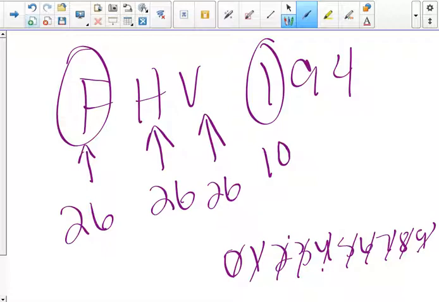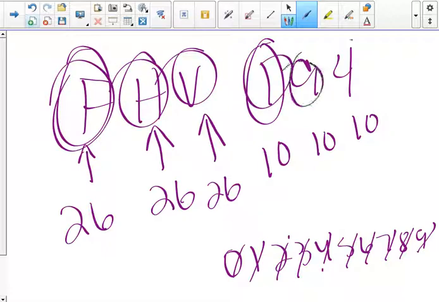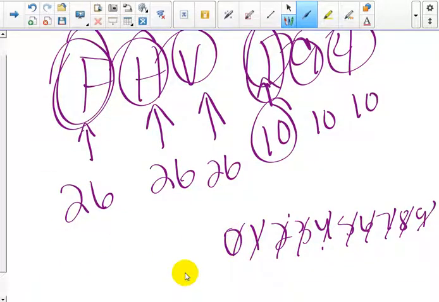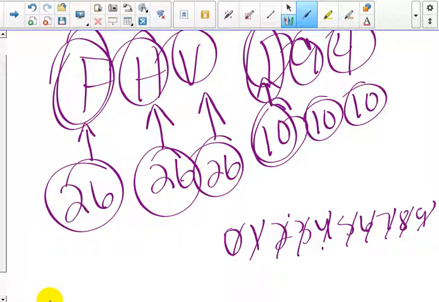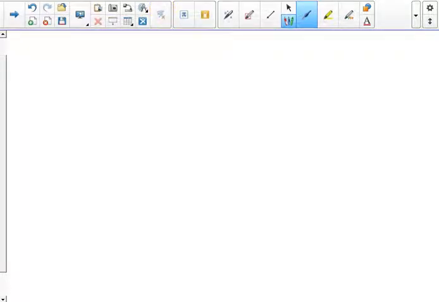See that? And then 10 characters there and 10 characters there. Because on your license plate, you can have any alphabetic, alphabetic, alphabetic, numeric, numeric, numeric. These are the possibilities. So you have 10 possibilities for each number that goes there. That's where the 10 came from. Did that answer your question? Okay. All right. So to get the total number of possibilities, you multiply 26 times 26 times 26 times 10 times 10 times 10, and then subtract from the 1912 possibilities.